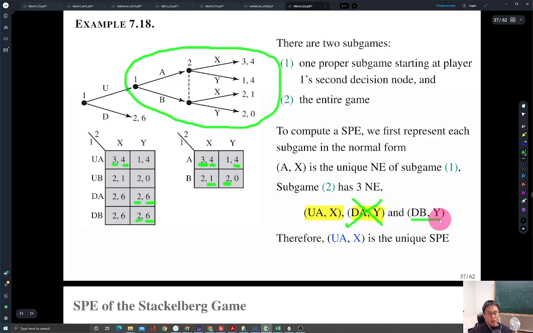And for DBY, its restriction to the subgame is going to be B comma Y. That is totally different from this Nash equilibrium play, so we can eliminate that too. All right. So UAX is going to be the unique subgame perfect equilibrium in this extensive form game.